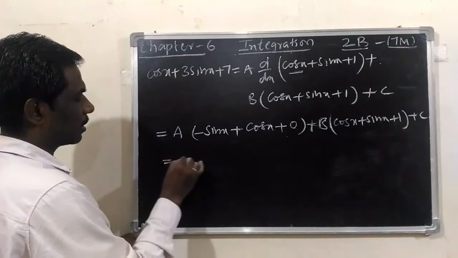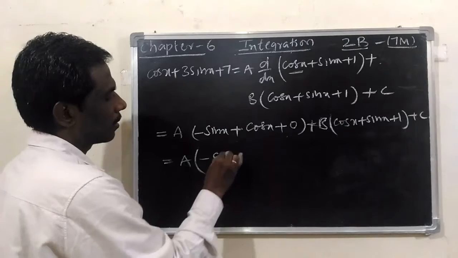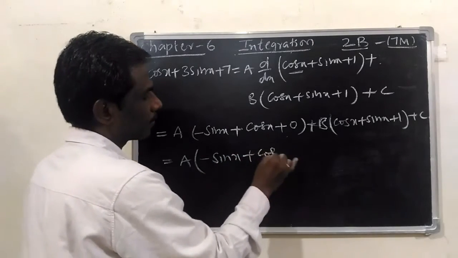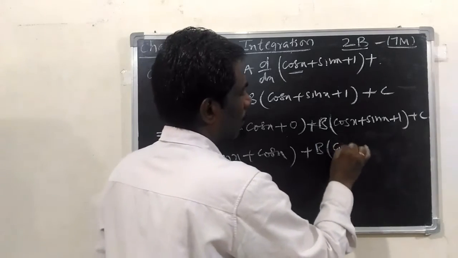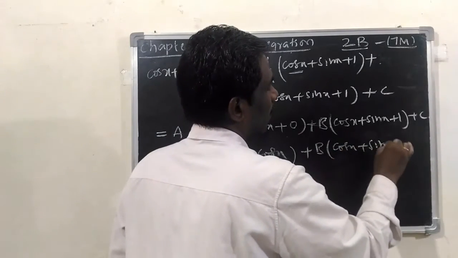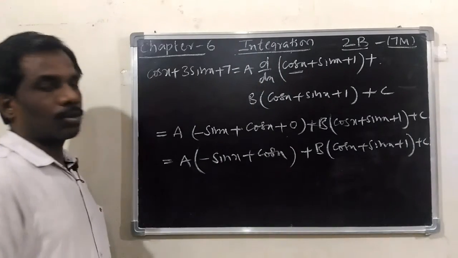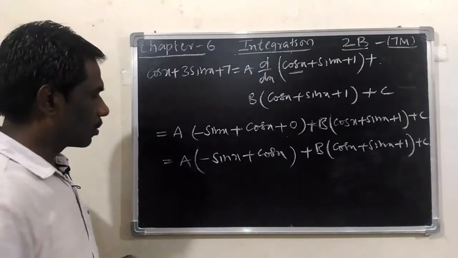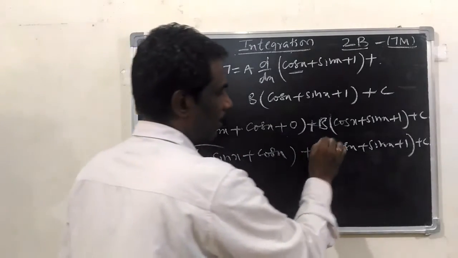One more step: a into (minus sin x plus cos x) plus b into (cos x plus sin x plus 1) plus c. To find the values of a, b, c, we multiply a with this bracket and b with this bracket.